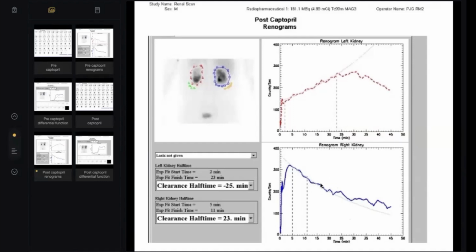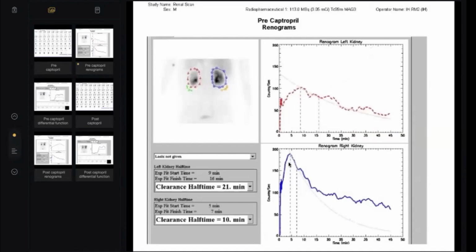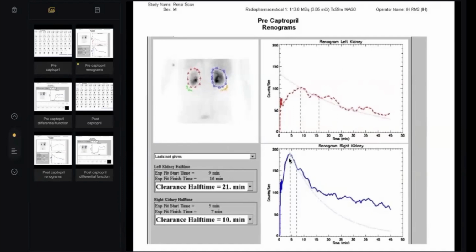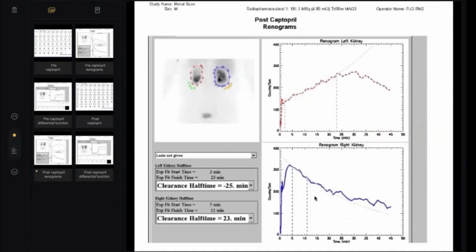Is there any difference between the post and the pre? No. Excellent, doctor. This is the most important buzzword. No significant difference in the shape of the curve of the renogram in the pre-captopril and post-captopril. But here, what do you think? Tell us what happened.